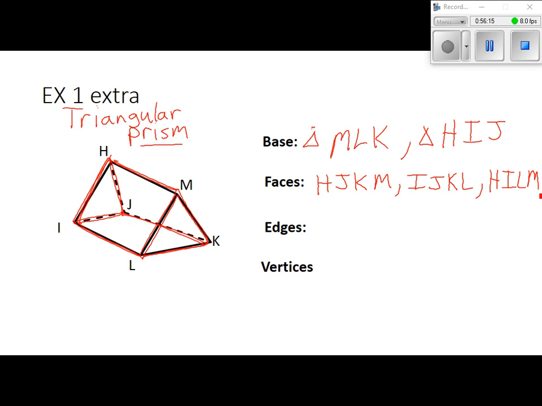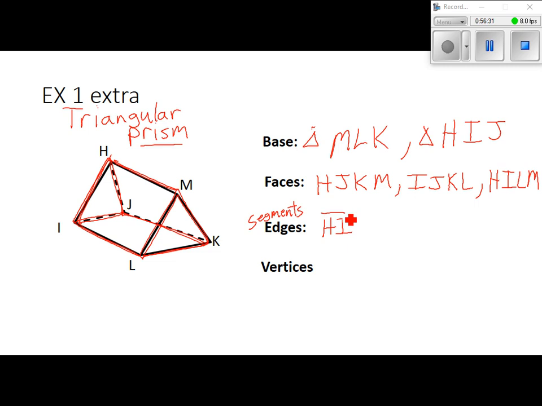The edges should be 8 edges, and remember they're just segments. So those segments this time, make sure we use our symbols.